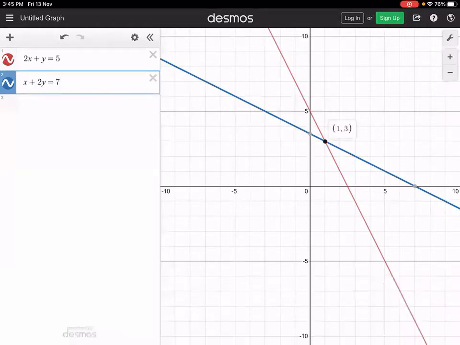And you can verify from the answer we got that the answer was 1 comma 3. So basically x equals to 1 and y is equals to 3 were the answers of both of these equations. So in the actual graph, basically 1 comma 3 is the intersection point of both these lines. Okay.